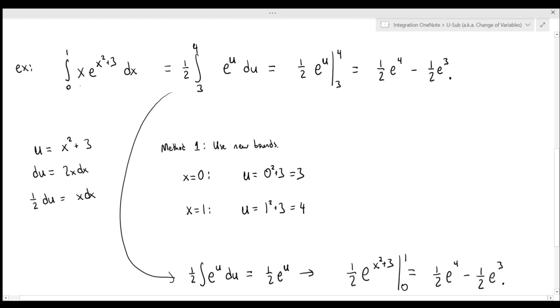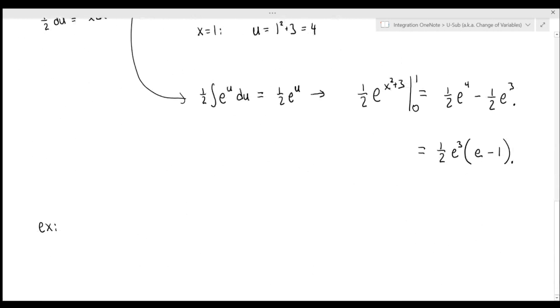So you're able to get rid of that by using your du equation. Sometimes it's not so immediate or obvious when you have your integral presented to you at first. And what you might need to do is a little bit of manipulation to get it into a place where you can actually do a u substitution.